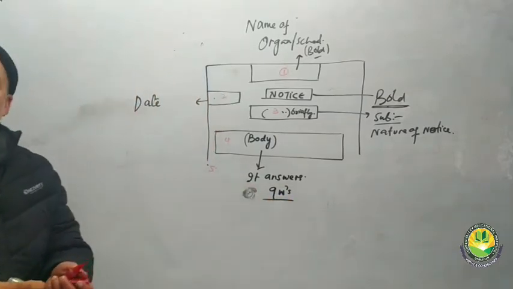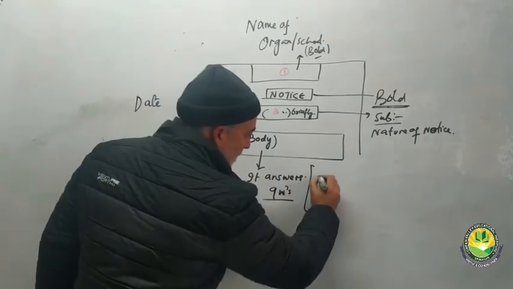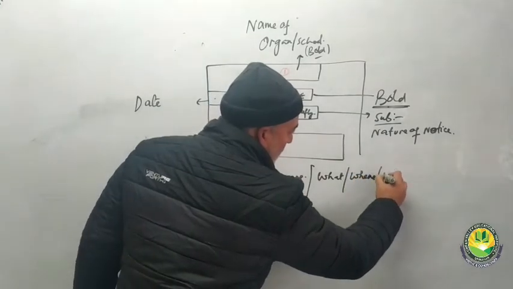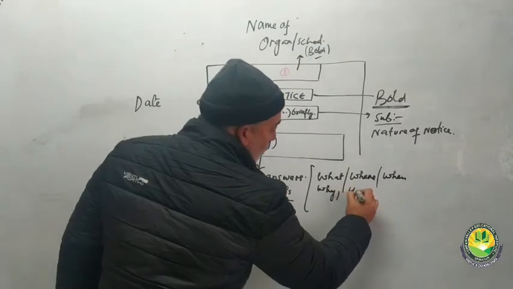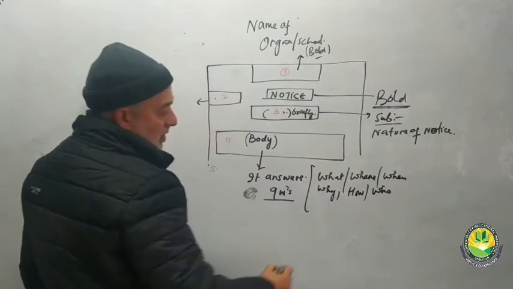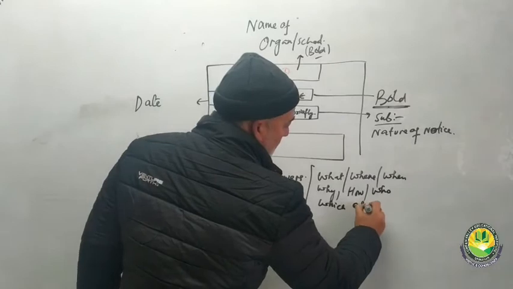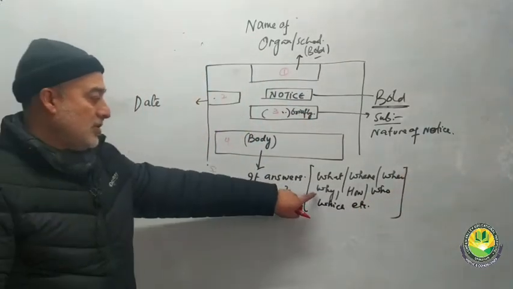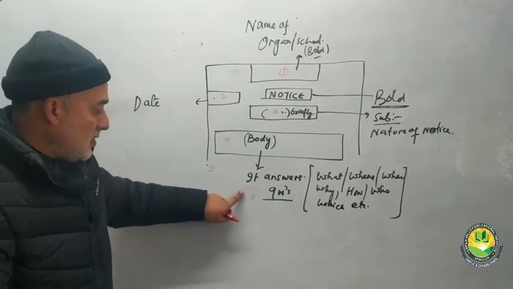A note must answer the 9 W's, like what is going to happen, where, when, why, how, who is going to take part, which, etc. So they must answer these questions. In a note, remember, you need to answer these questions.